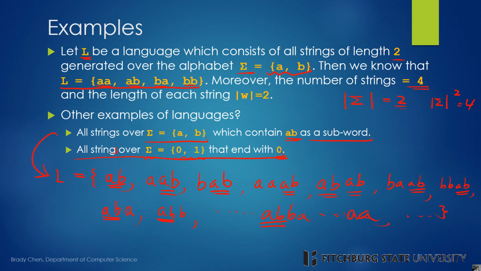So you can create a string of binary numbers 0 and 1. It doesn't matter what the string is, but that string must end with 0. Think about this. Again, think about the number of strings in that language, right? Okay. Let's stop over here.